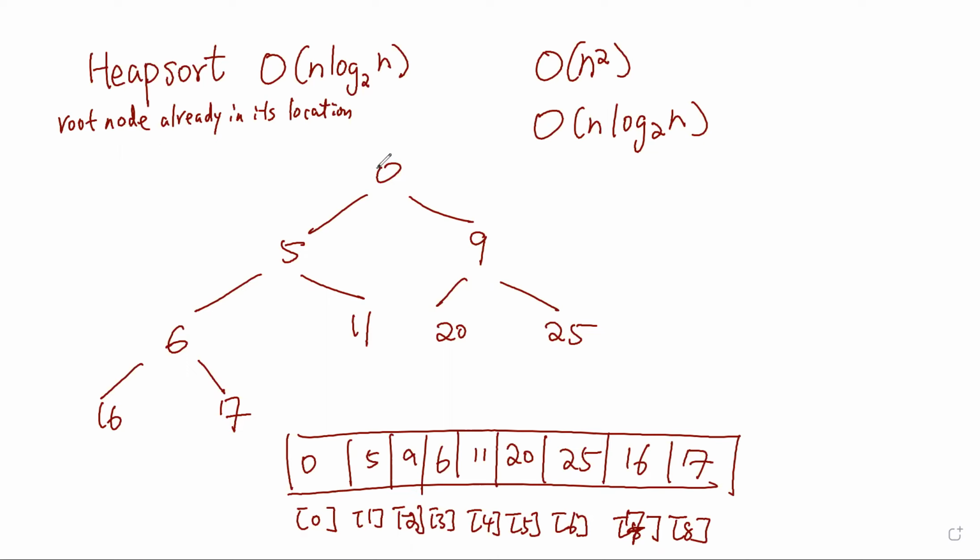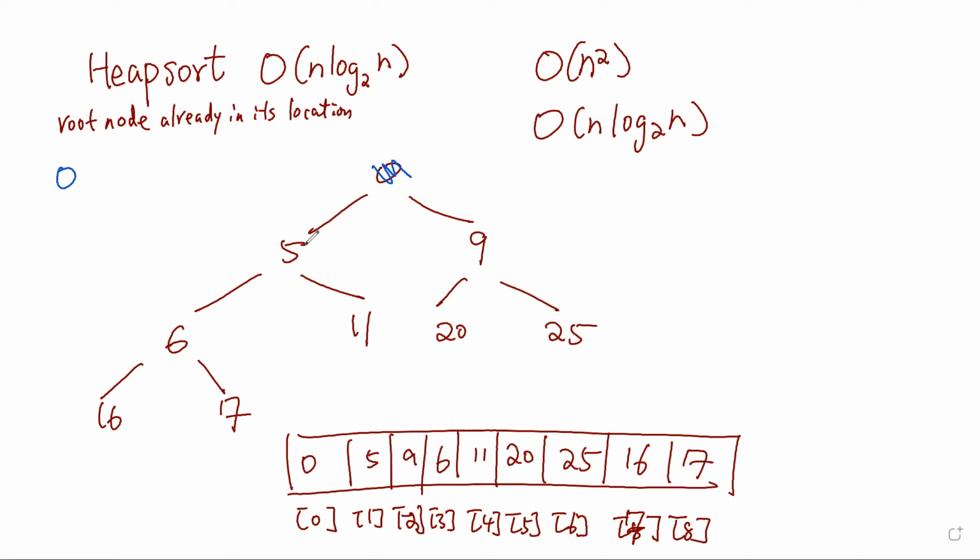So the idea is you can get this 0 out. So you remove the root. After you remove, then you need to bring something up.